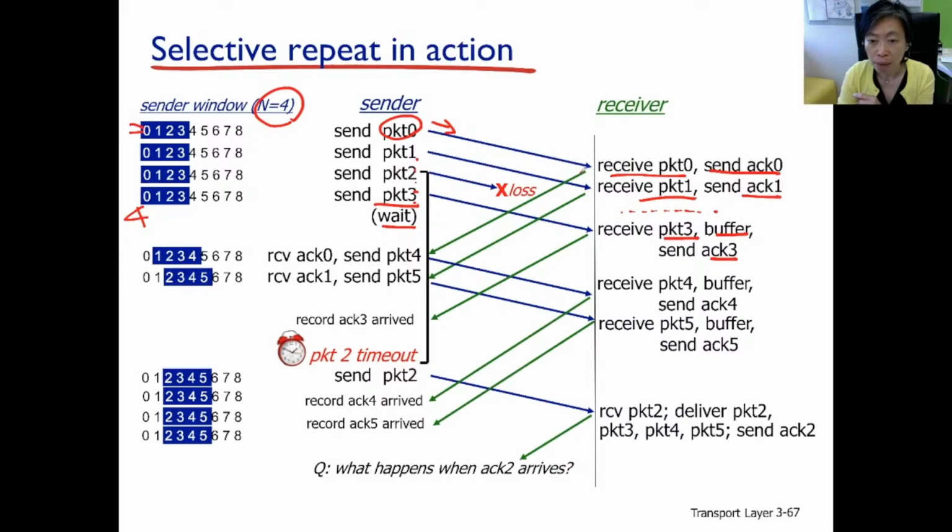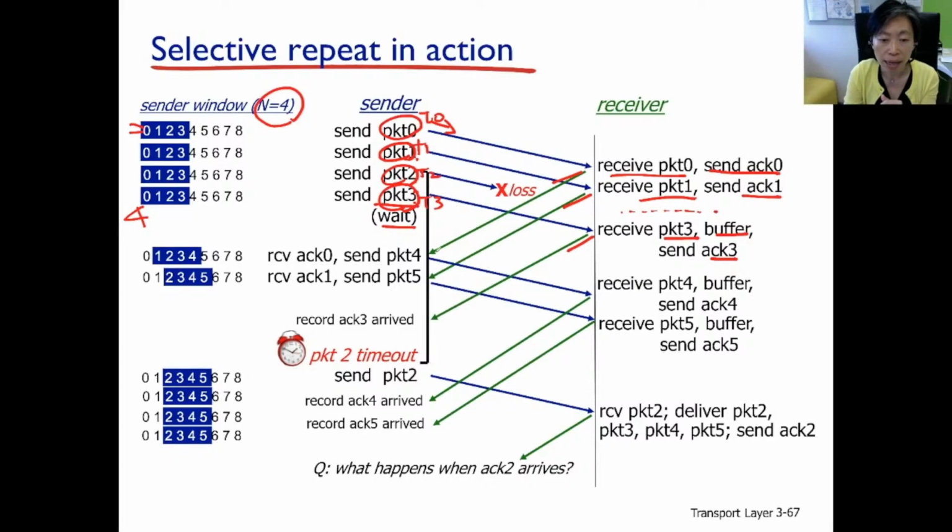So ACK 0, ACK 1, and ACK 3 will go back to the sender. Now, the sender, upon generating packets 0, 1, 2, and 3, will start the timers individually. So T0, T1, T2, and T3 will all be ticking, no worries.